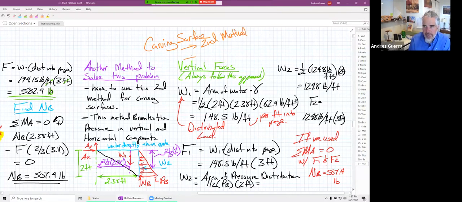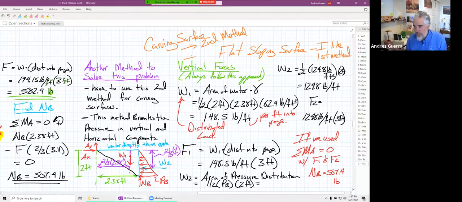For a flat sloping surface, either will work. I like the first method better, but either one of those will work.